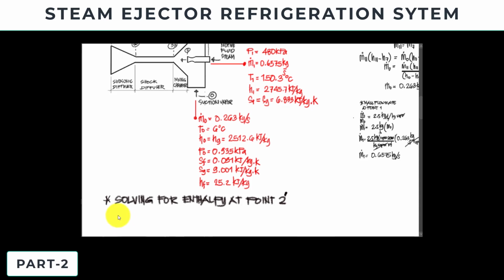Now we have the equation to get my enthalpy at point 2 prime: that will be the quality x times the enthalpy of vapor, plus 1 minus the quality times the enthalpy of fluid. So we need to find the quality of our vapor leaving at point 2.